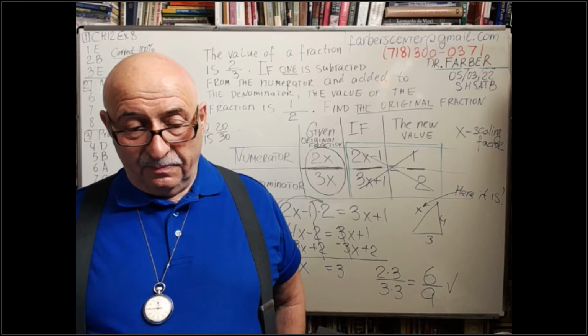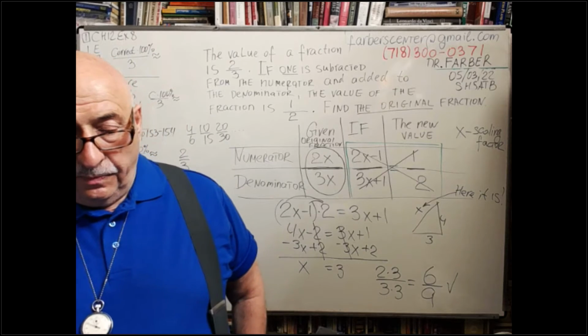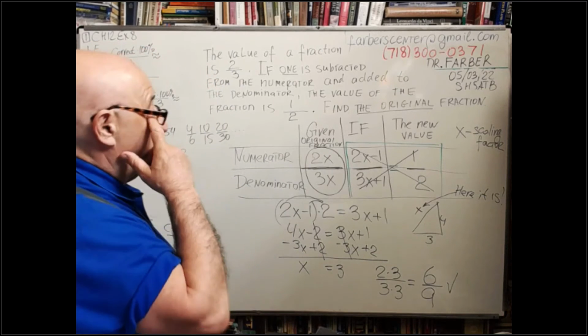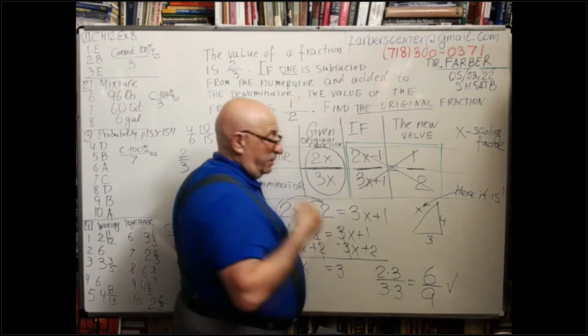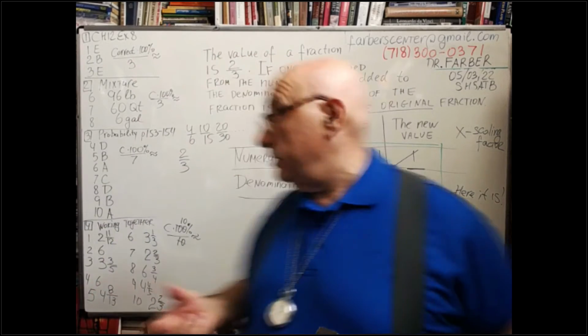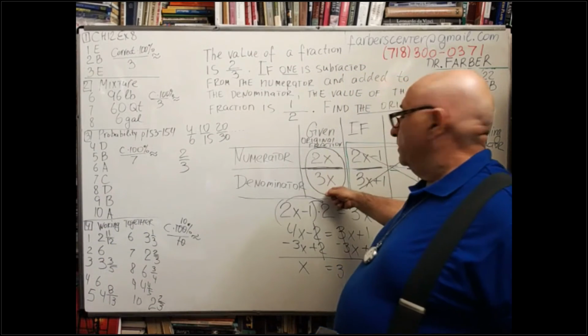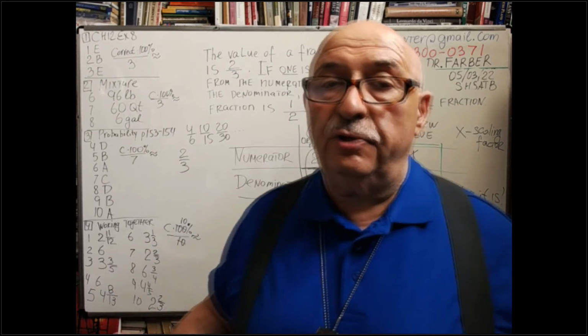I have a question. Yes. Why did you cross multiply? I'm confused. Because this is a proportion. What is a proportion? Okay, what is a ratio? A ratio is a comparison of numbers by division. This is a ratio. What is a proportion? A proportion is the equality of two ratios.